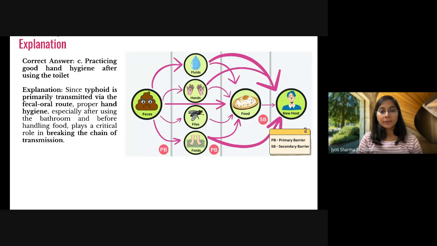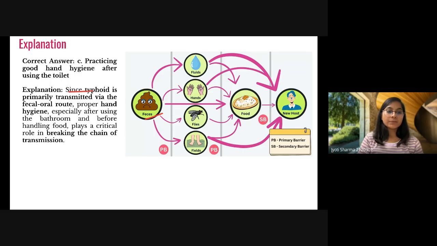So just see here, this is the feces, and in that feces we have a lot of bacteria that can give us typhoid. Whenever we wash our hands after using the toilet, then we can avoid any bacteria getting into our food or our mouth, so that we can avoid typhoid. Here is the explanation.